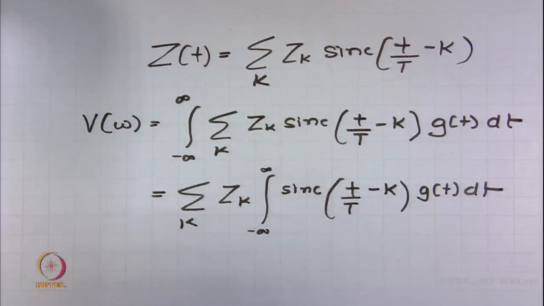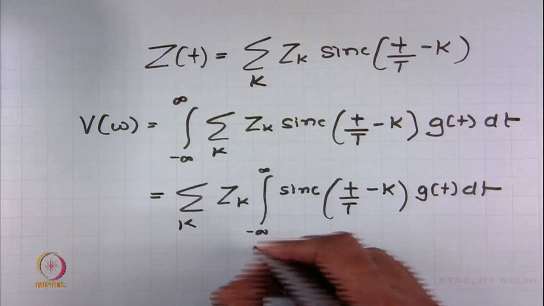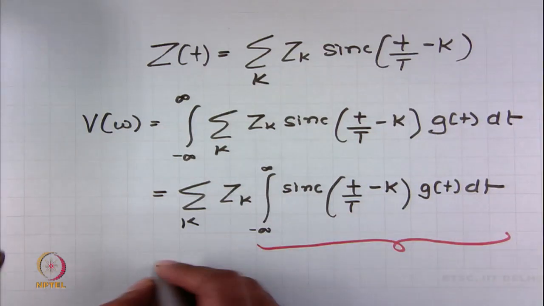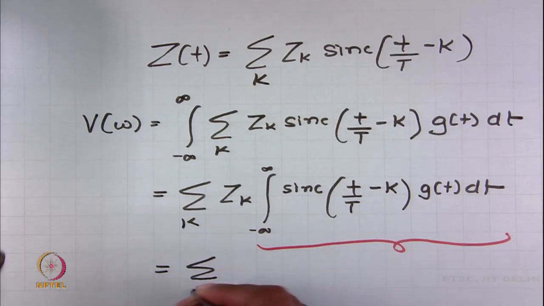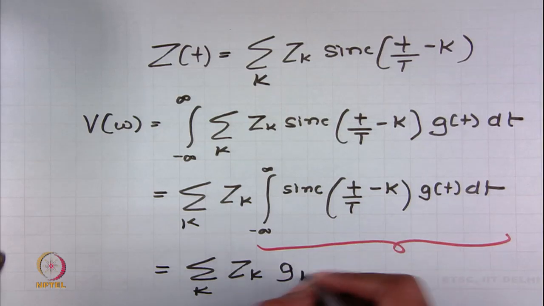Now, what we can see from there is that this function, is it a function of time? No, it is not a function of t, because t is the running variable, it is a function of k. So, we are not interested in what the value is, but rather I can say that this is some function g_k.